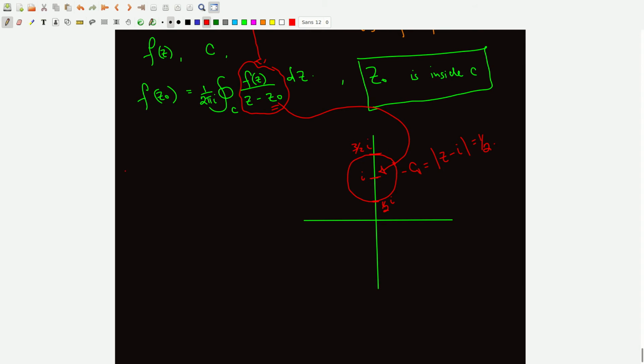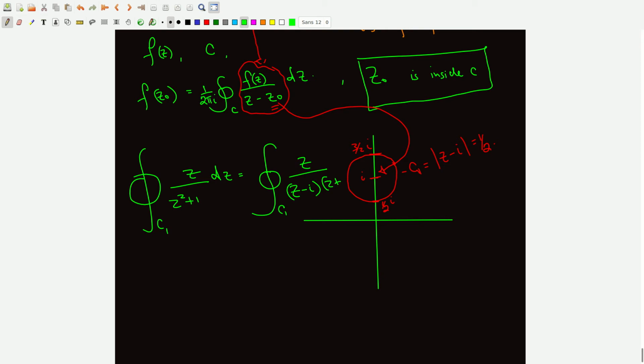So we go ahead and we notice that the integral over C of z over z squared plus 1 dz can be written as the contour integral over C1 of z over z minus i into z plus i.